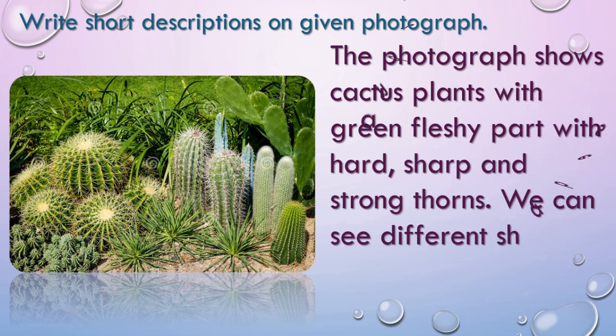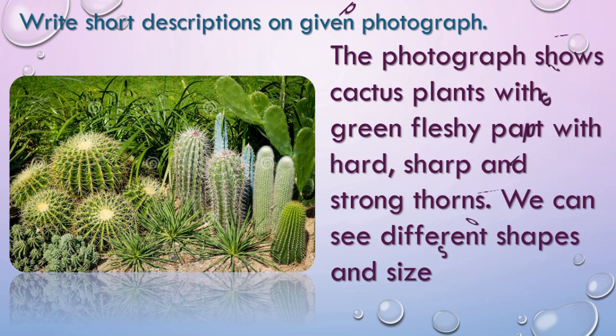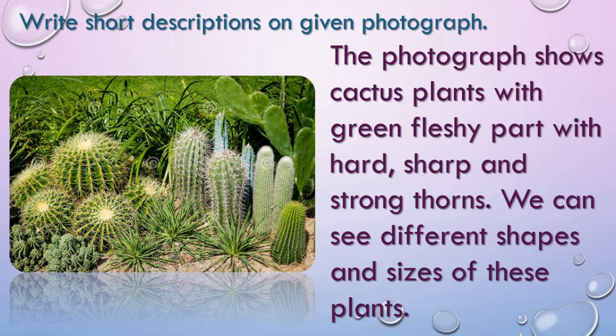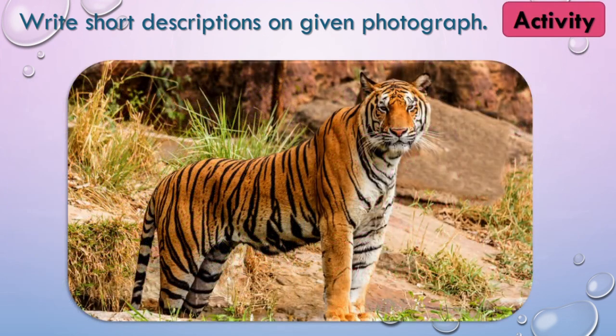We can see different shapes and sizes of these plants. They are all of the same family. Different shapes and different sizes we can see in this picture. We can see greenery, fresh stems, thorny leaves, etc. Isn't it? Here also we have used different sensory organs. Correct?